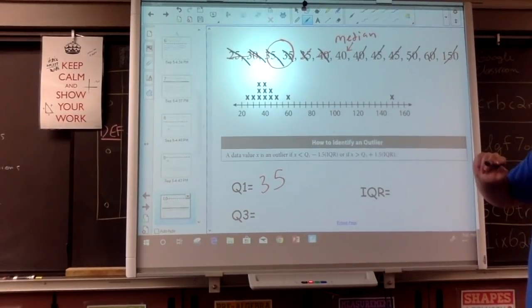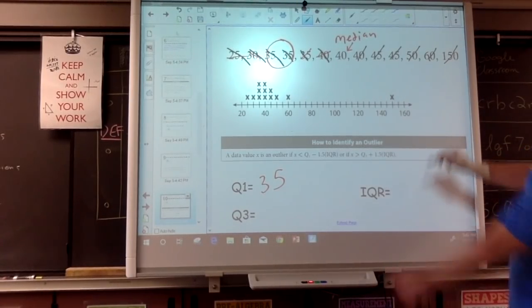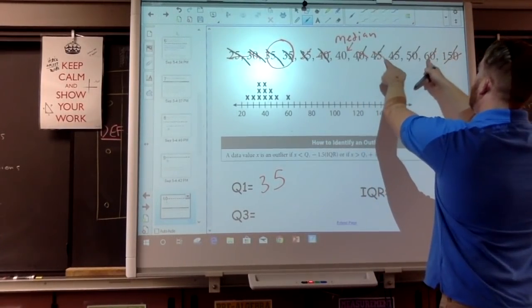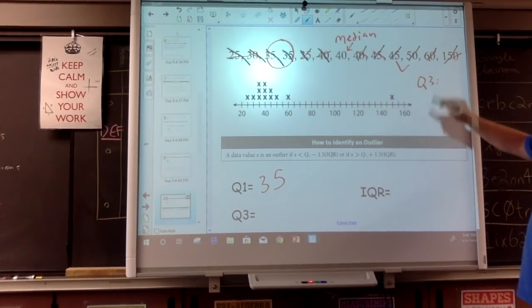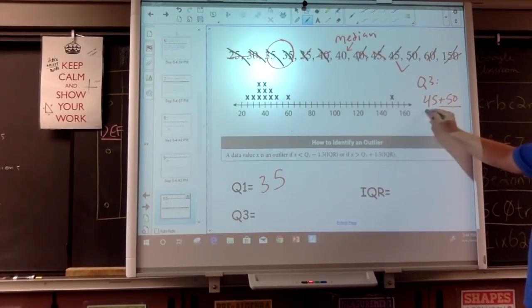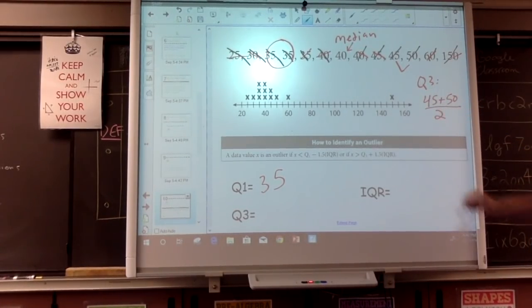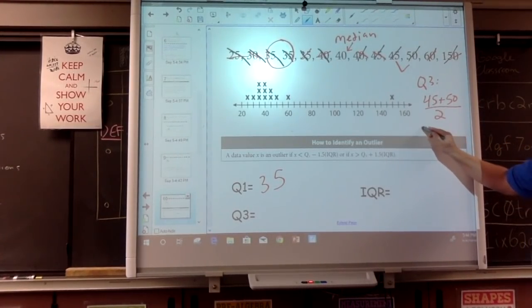And we're going to do the same thing over here on the right-hand side. So we have two of them in there, so that means Q3 will be 45 plus 50 divided by 2. All right, so we have 45 plus 50 divided by 2, which means we have 95 divided by 2.